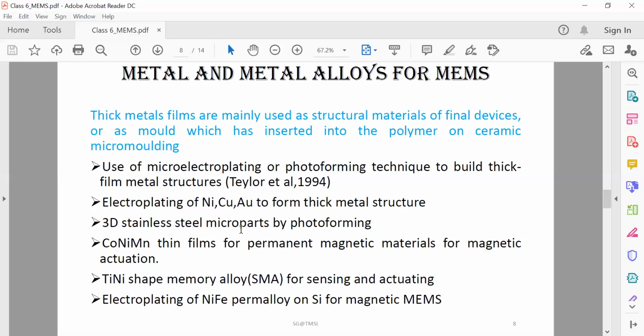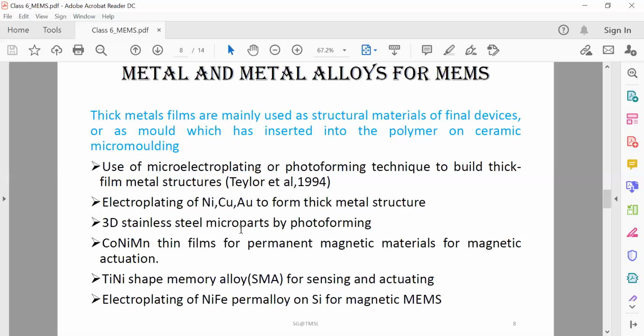This 3D microparts will be applied in many actuators or many microsystems. Parts made of steel cannot be evaporated and cannot be electroplated, so they are formed by photoforming, which is another technique.